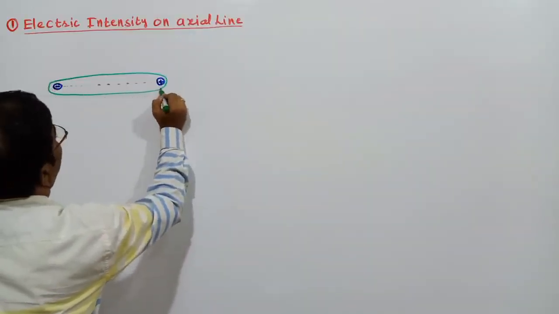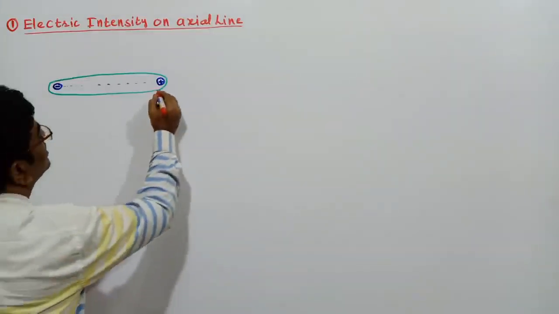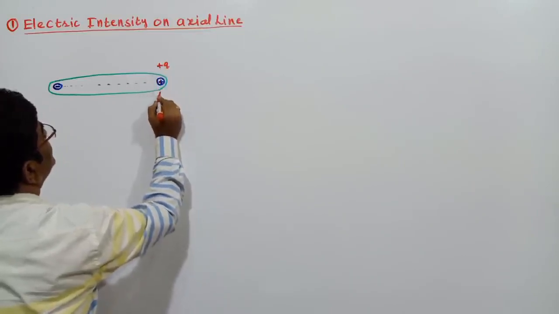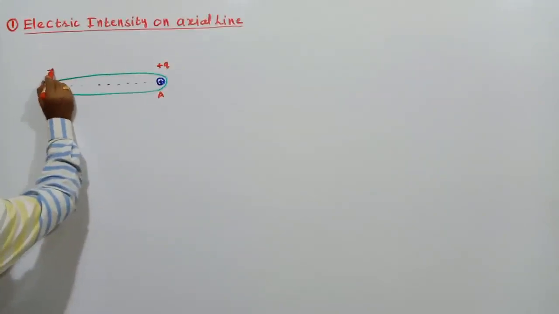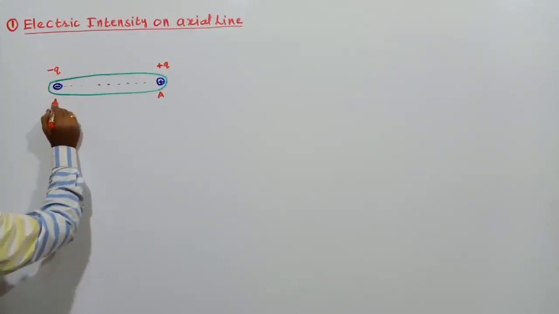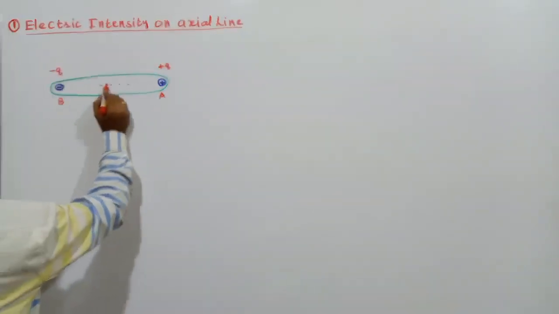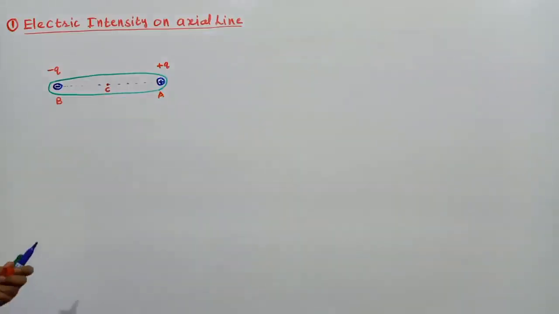The positive charge +q is at location A. The negative charge -q is at location B. The center of the dipole is over here.